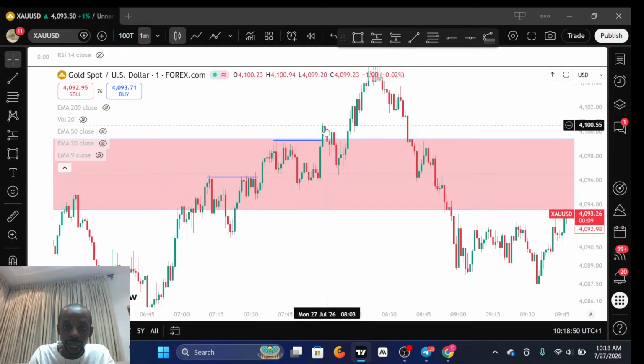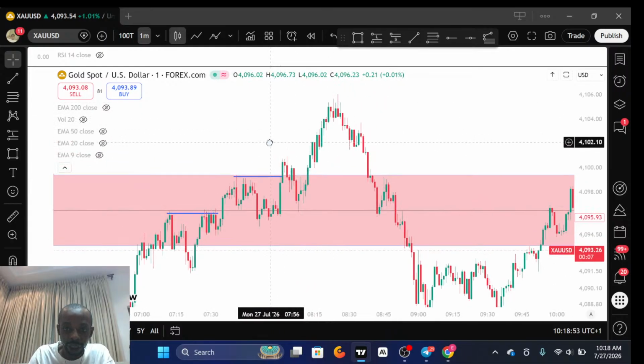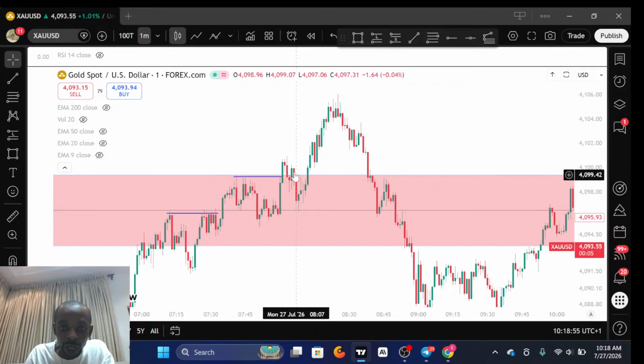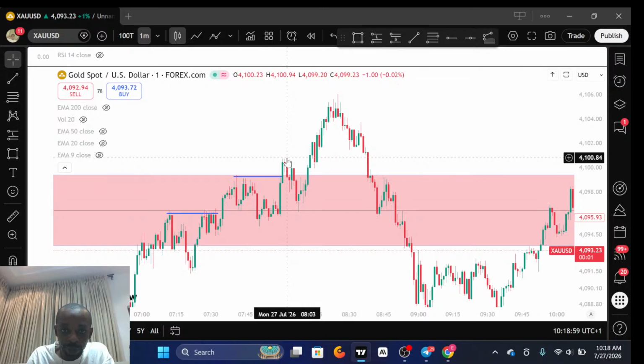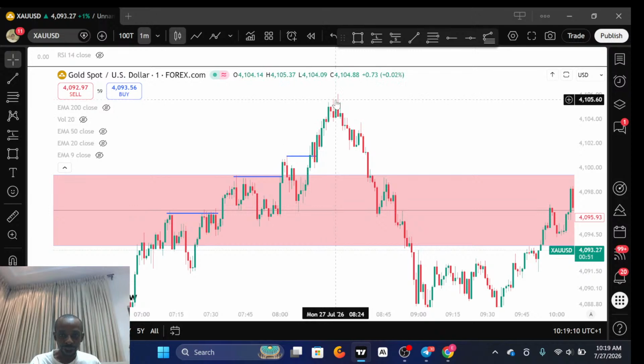I prefer break of structure, it's easier to understand. Now this one again broke another structure here. What it's telling us is that the market is still bullish. You get it? It's still going up.